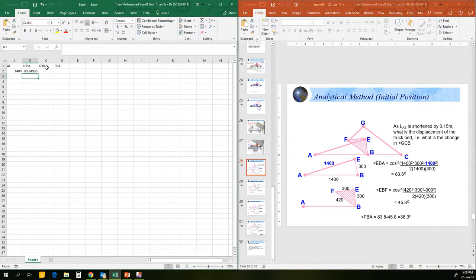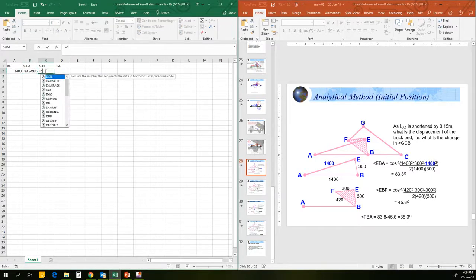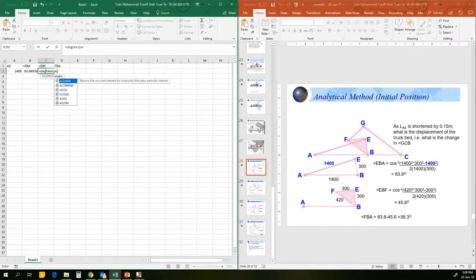Now we want to calculate EBF. Again, we are using the cosine rule equation. So equals degrees, bracket, cos, bracket, top part, which is 420 square plus 300 square.